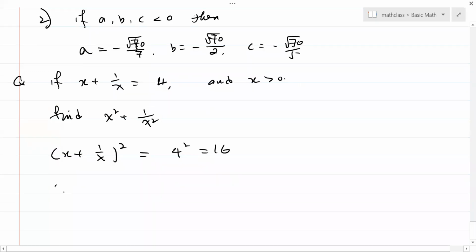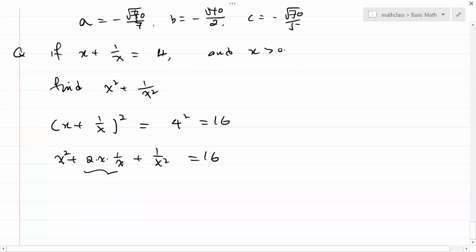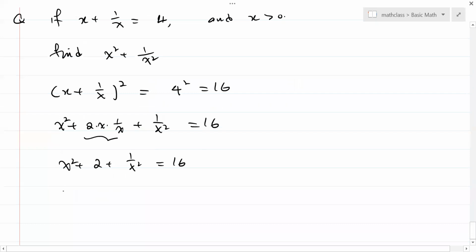The right-hand side will be x squared plus twice x times 1 over x plus 1 over x squared. But the middle term is just a number, which is 2. Therefore, x squared plus 1 over x squared equals 14. And this is 14.